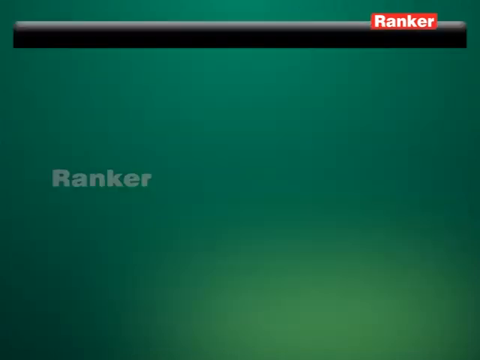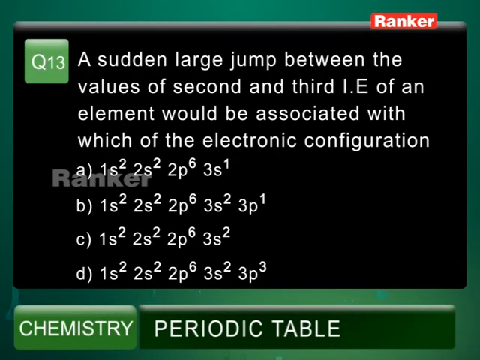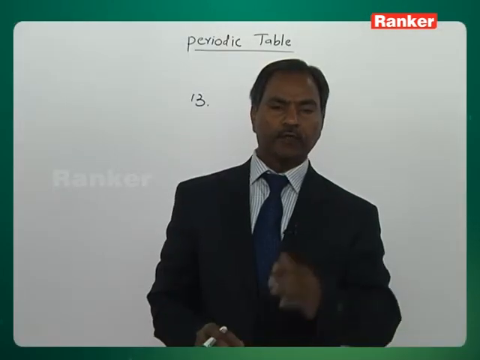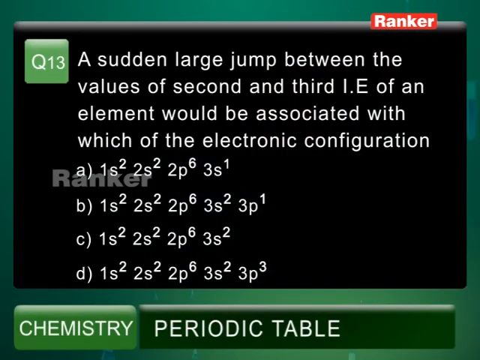Question number 13. A sudden large jump between the values of the second and third ionization energies of an element would be associated with which of the following electronic configurations? What is given is a large sudden difference of energy between the second and third IP values.